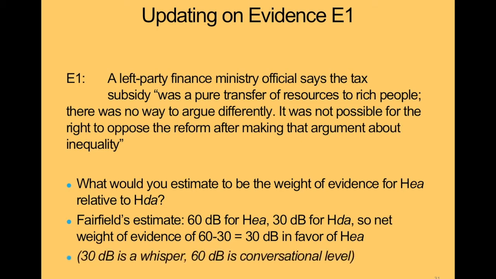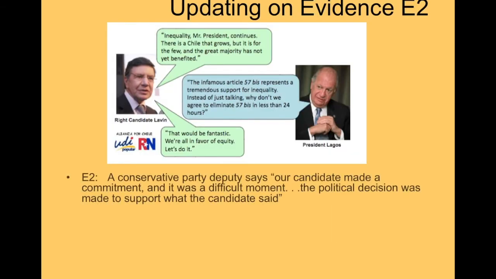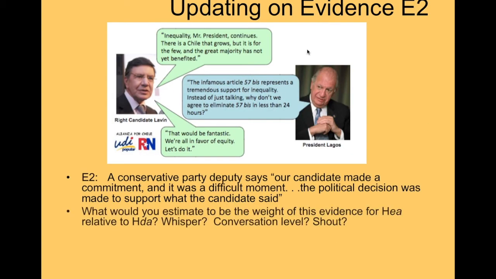Now let's do it on the second piece of evidence. The second piece of evidence is from a candidates' debate where the right-wing opposition candidate says, inequality continues, there's a Chile that grows, but it's for the few, and the great majority has not benefited. And the liberal candidate, the president, the incumbent, sensing an opportunity, says, oh well, the infamous Article 57, this regressive tax subsidy, represents a tremendous support for inequality.